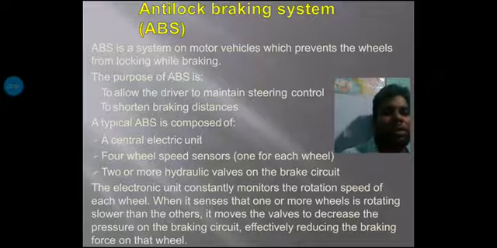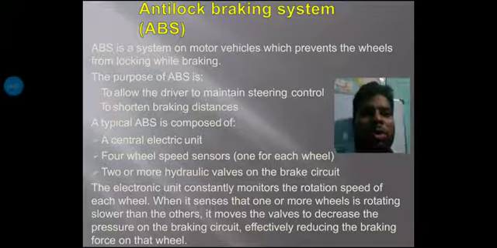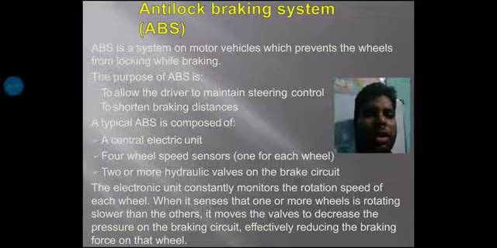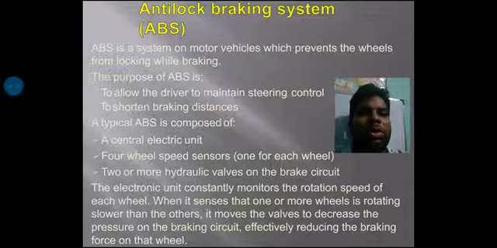That means we can easily access the ABS system when the four wheels, one for each wheel, are connected to the wheel speed sensors.